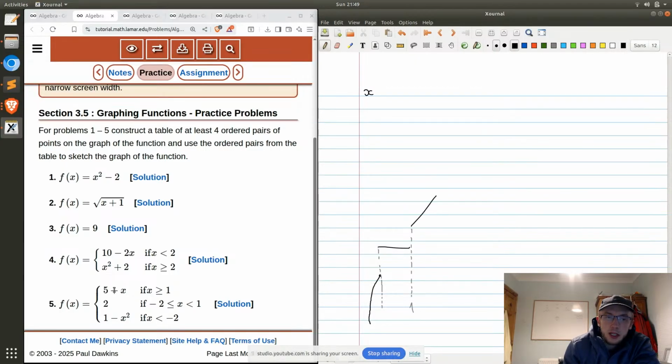We would want 2 for this piece, 1 for this piece, and 2 for this piece. So I'll say -4, -3. That covers the bottom piece. 0 will cover the middle piece. And 1 and 2 will cover the top piece.